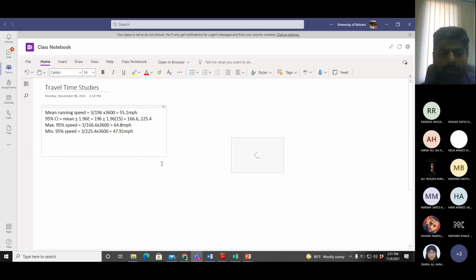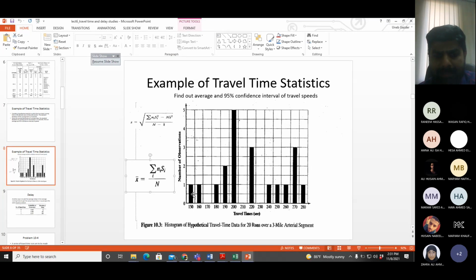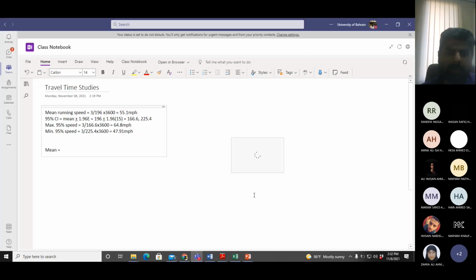So if I want to calculate the mean, I have to do the summation of n into x. In this case, x will be the travel time you have on the x-axis, and n will be the number of observations you have on the y-axis.